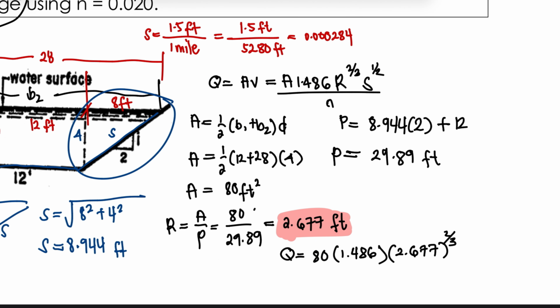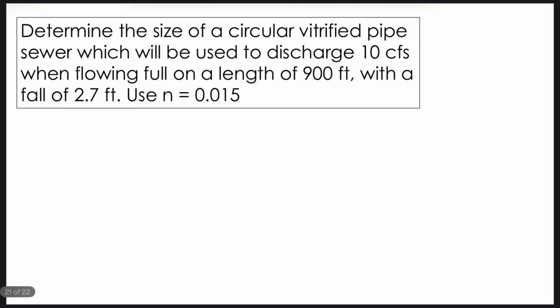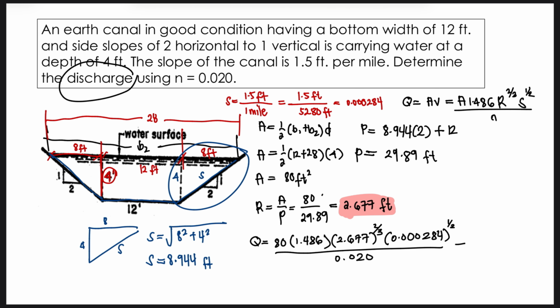So, para naman po sa S, we have 0.000284, 1 half, and then for the N, that's given. So, solving for the Q, meron po tayong masosolve 193.1 cubic feet per second. So, that's for our final answer.